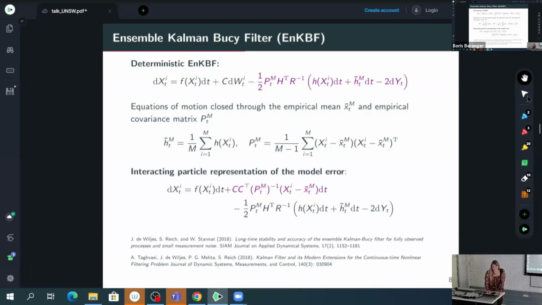And this may seem very abstract and not very practical, but in fact, the discretized version of this is being used in several centers. For example, the German Met office uses the discretized version of this, which is called the ensemble Kalman square root filter, or for people who know the family of filters, LETKFs are being used here.